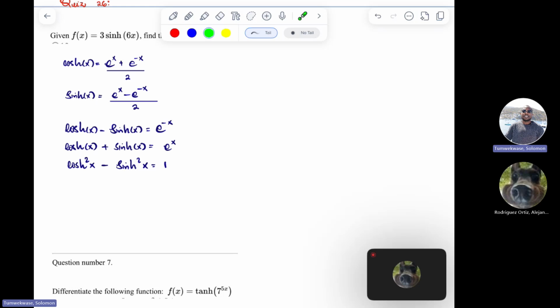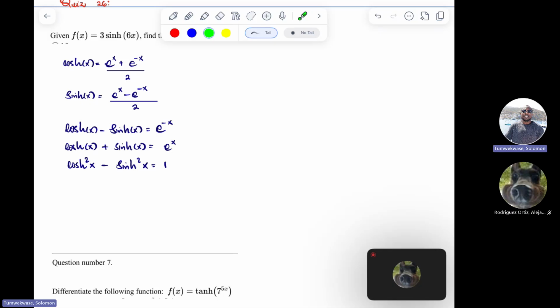Please note that for the usual trigonometric functions, the identity has a plus, but for the hyperbolic functions, it has a minus. Knowing this can save you some time, especially when you're working around some questions.